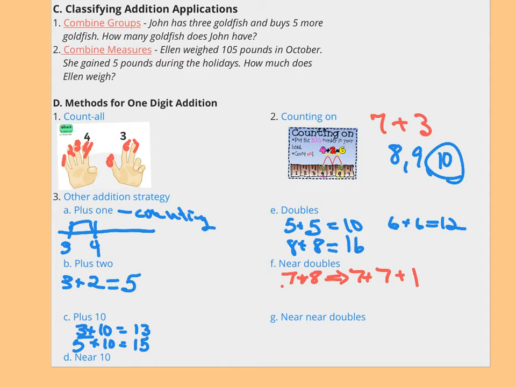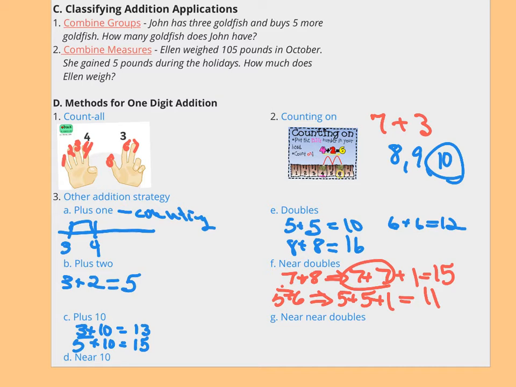It's just one more. So if they know the 7 plus 7 fact is 14, they know that 7 plus 8 will give them 15. If they had the fact 5 plus 6, they would know that that's near the double 5 plus 5. It's just one bigger. So 5 plus 5 is 10, and one more is 11.